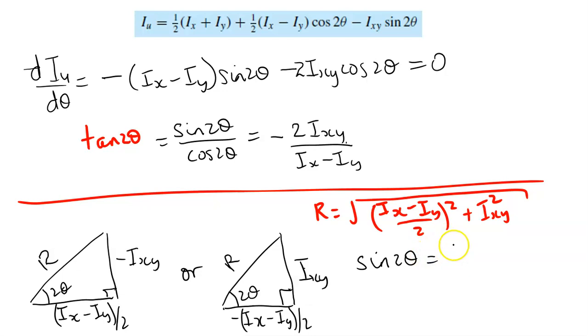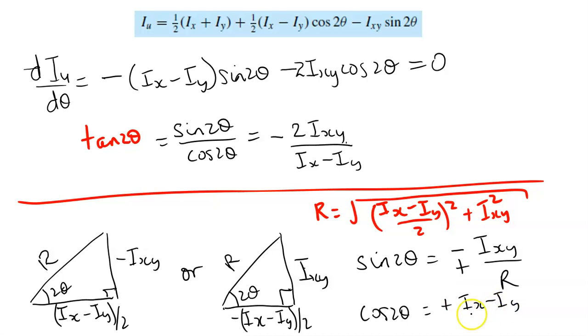We can say it's either minus Ixy divided by r, opposite over hypotenuse, or positive Ixy divided by r. And in the same way, cos 2 theta is either going to be positive (Ix minus Iy)/2 divided by r, or negative, right? So very easily we've developed these sets of equations.